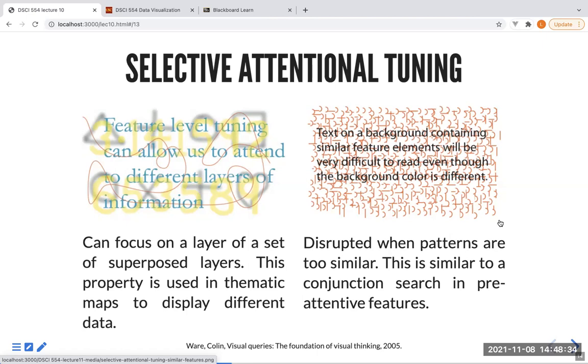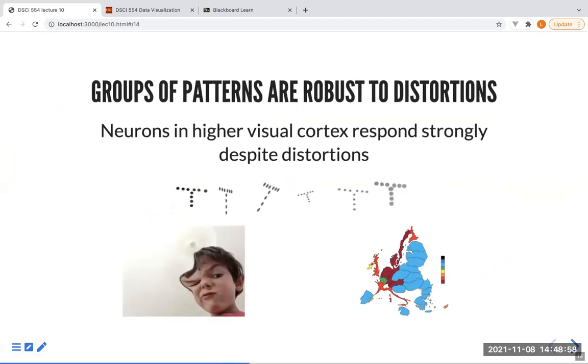because there is an overlap between the visual properties of either the pre-attentive feature, the target and the disruptor, or here you could use the same vocabulary for the different layers that are involved in this attentional tuning. Yeah, the attentional tuning is kind of looking at patterns in addition to what we've seen with the pre-attentive features.